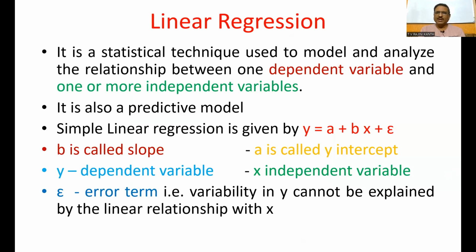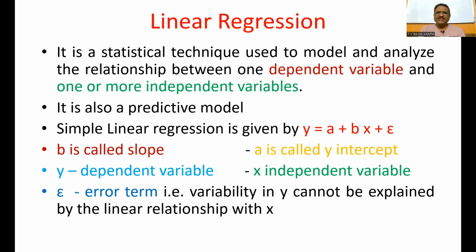The equation for simple linear regression is represented as y equal to a plus bx plus epsilon. b is called the slope, a is called the y-intercept, and epsilon is called the error term, that is, the variability in y that cannot be explained by the linear relationship with x.